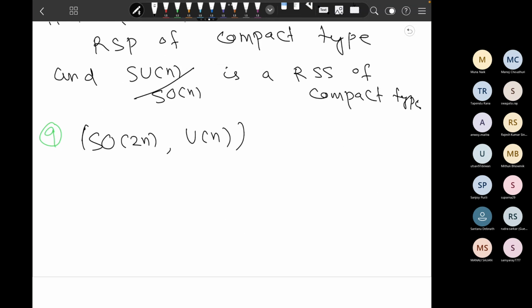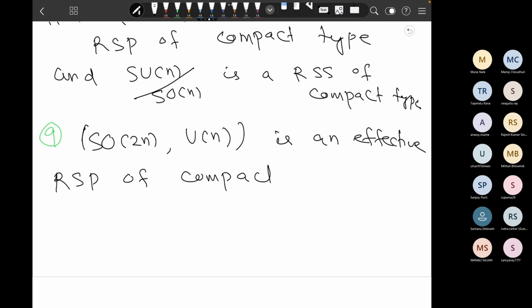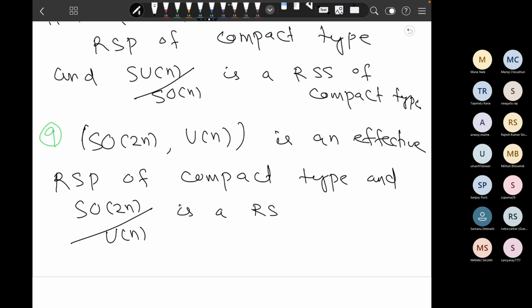This is an effective Riemannian symmetric pair of compact type because the center of SO2n is finite, and this SO2n mod UN is a Riemannian symmetric space of compact type.